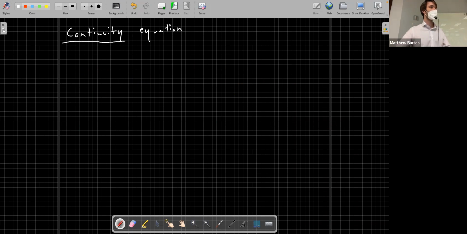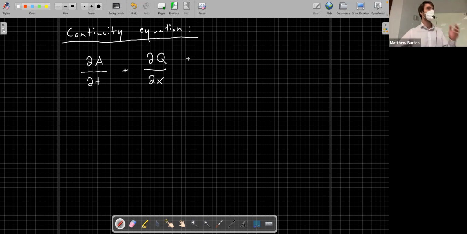If you're looking at how it's expressed in a computer solver, it'll be expressed in the following form: the partial derivative of the area with respect to time plus the partial derivative of the discharge with respect to our spatial coordinate is equal to the lateral overflow into the channel. Okay, so this is the continuity equation.